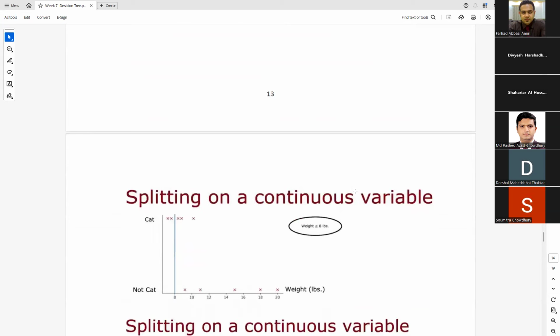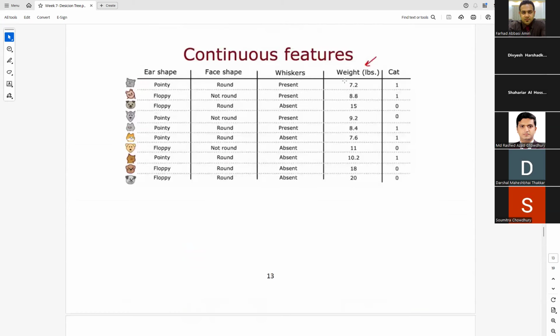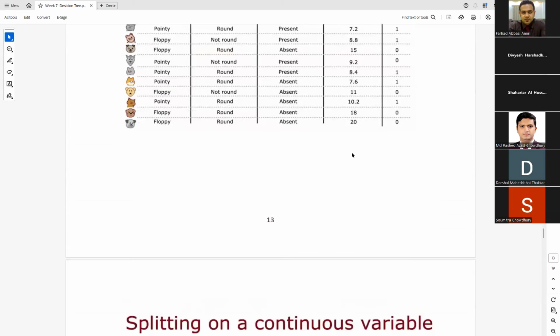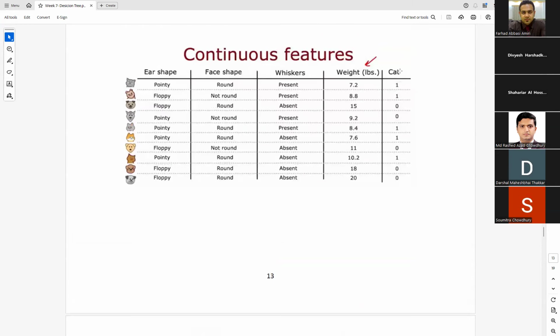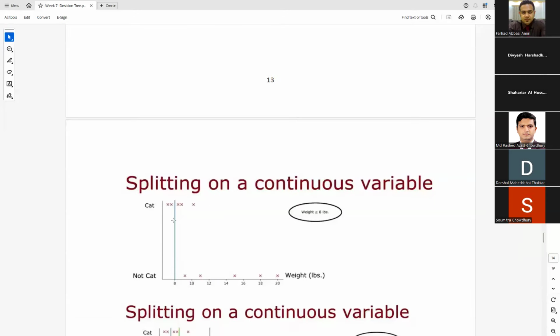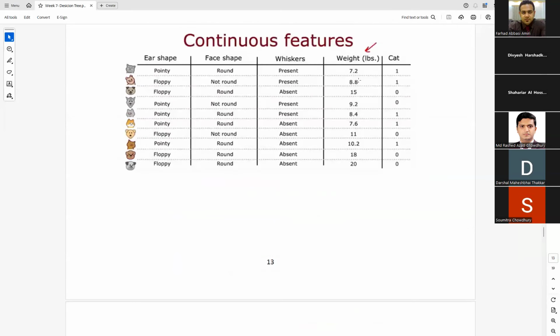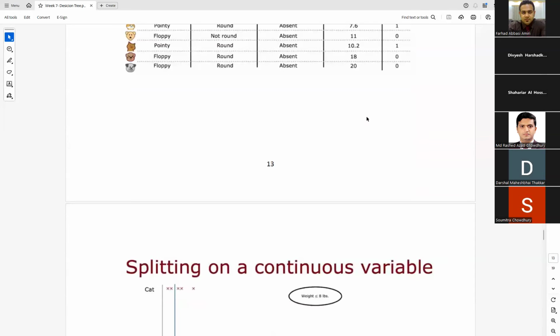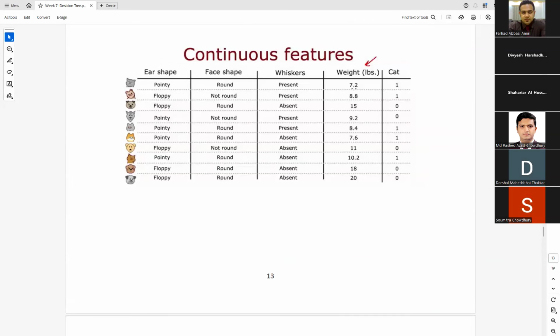For example, in this data table, we want to plot cat or not cat against the weight. The weight changes from I think 7.2 up to 20.